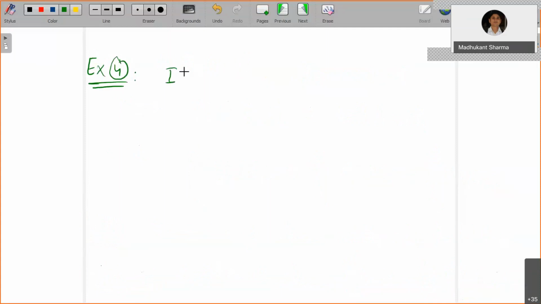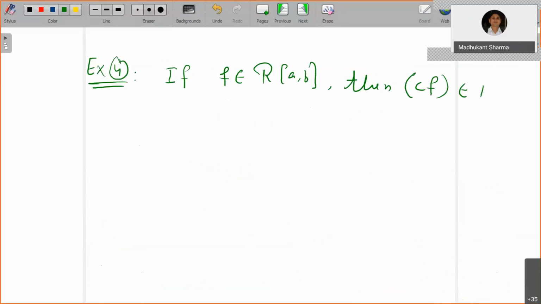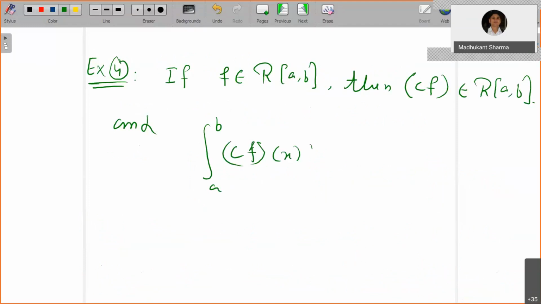So if f is Riemann integrable on [a, b], then c times f is also Riemann integrable, and the integral from a to b of c times f of x dx is going to be c times the integral from a to b of f of x dx.